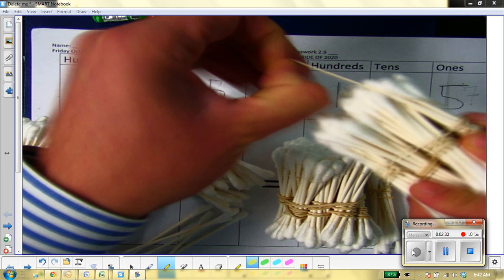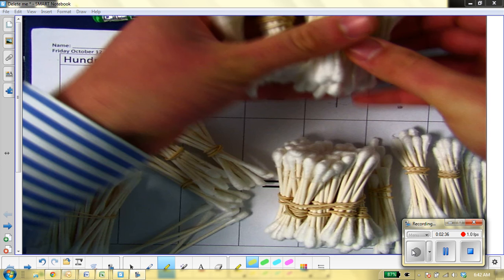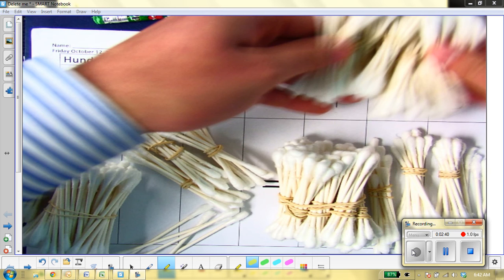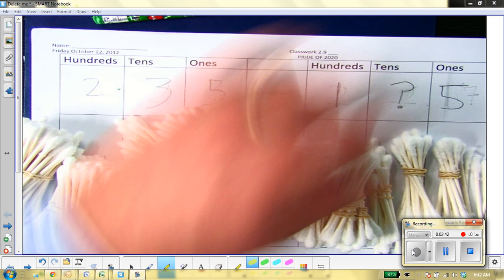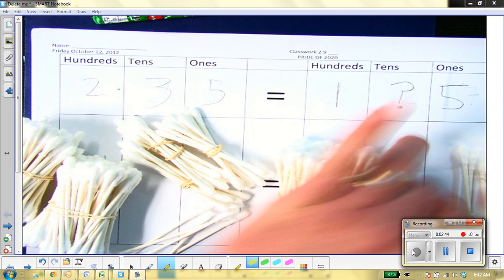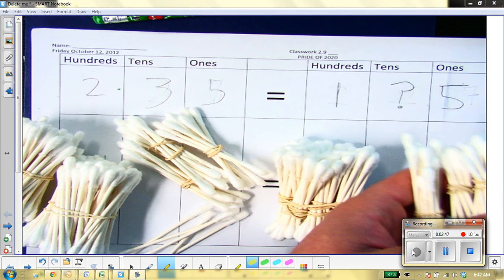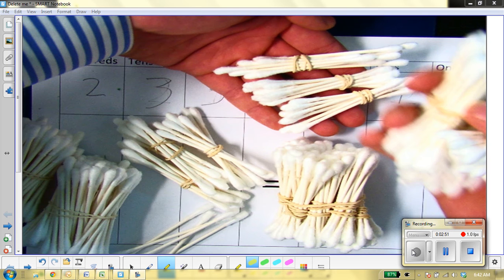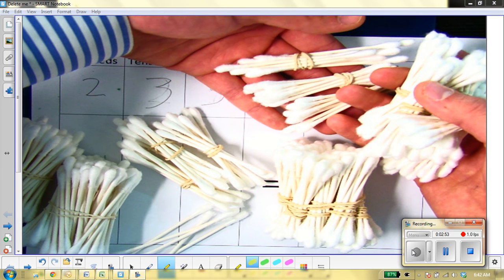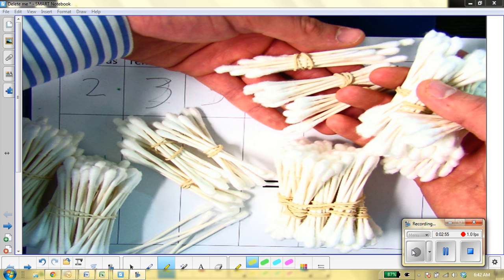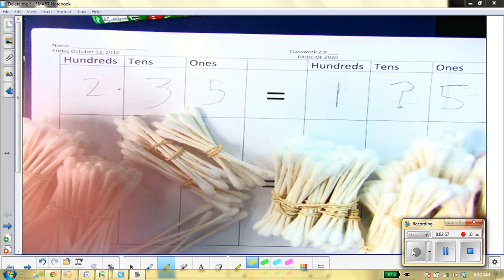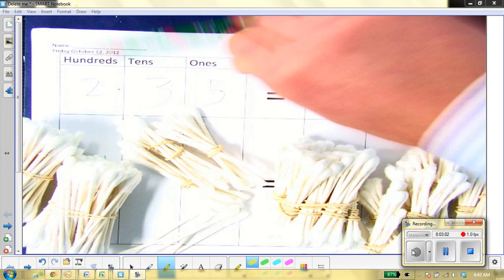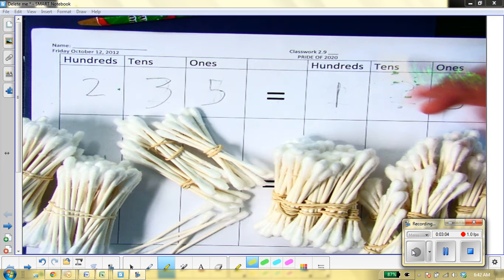So I take apart 100, and I have 10 groups of 10. These 10 groups of 10 now move to the tens column. I can count all my tens, or I can remember that I had 3 tens there to begin with, plus 10 tens from the 100 gives me 13 tens total. The ones didn't change.